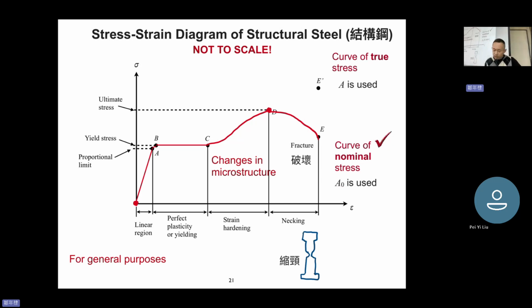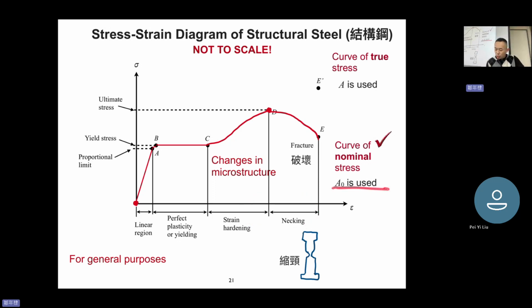You can notice that when you do the necking procedure, you will see that the A becomes really small, right? So if using the true stress curve, the real area is used. You can imagine that in this necking, the area shrinks.